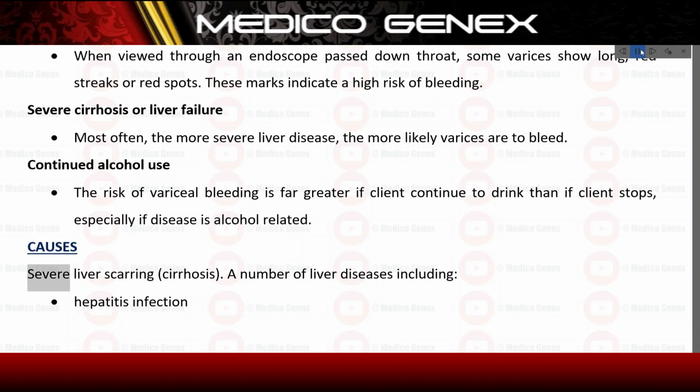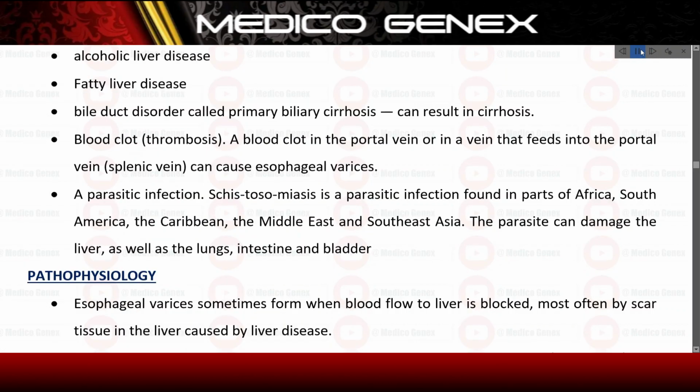Causes: severe liver scarring, cirrhosis. A number of liver diseases, including hepatitis infection, alcoholic liver disease, and fatty liver disease. A bile duct disorder called primary biliary cirrhosis can also result in cirrhosis.